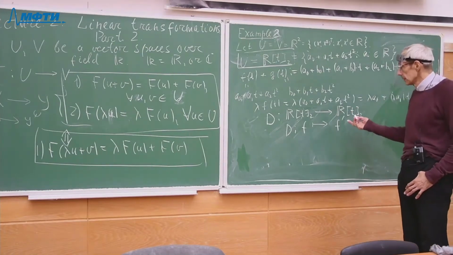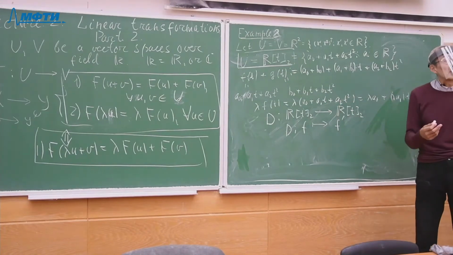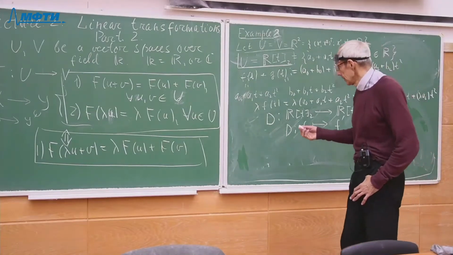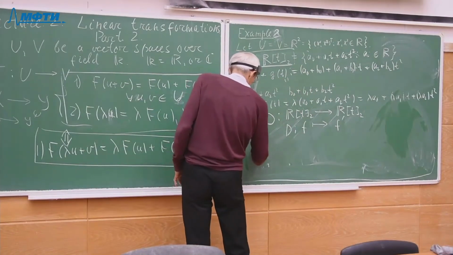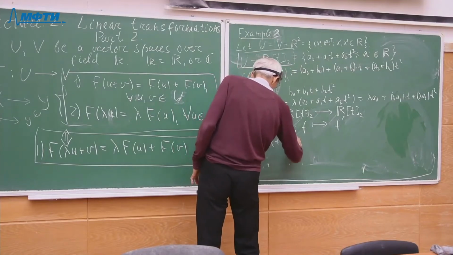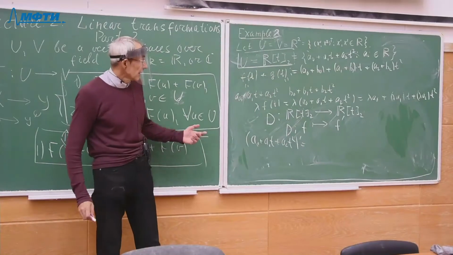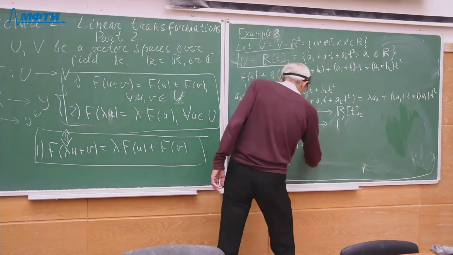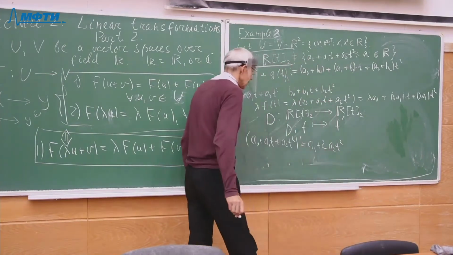How does the derivative act on the polynomial? We can write the exact formula. I recall that if we consider a polynomial of such type, the derivative acts on this polynomial by the formula a1 plus 2 a2 t.